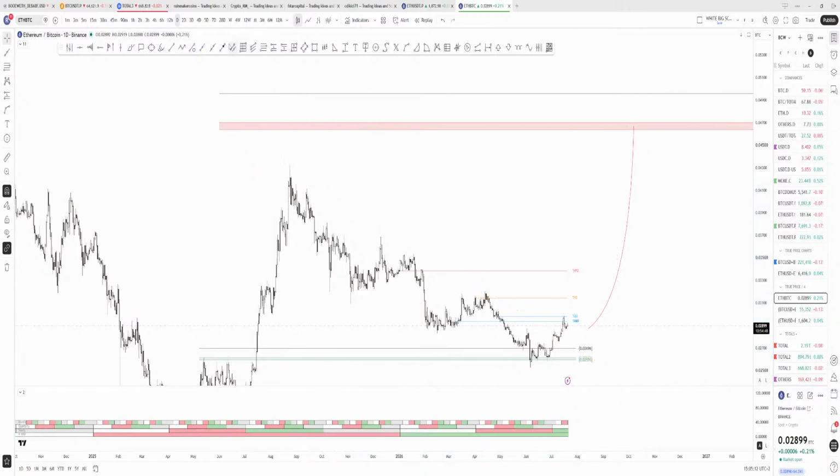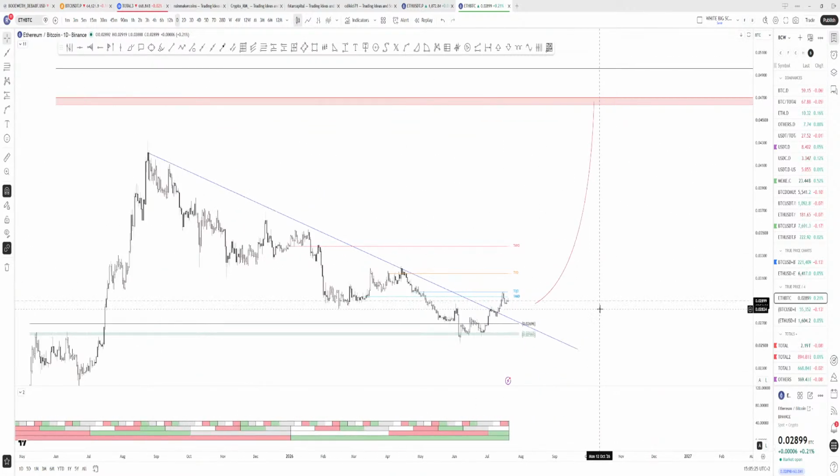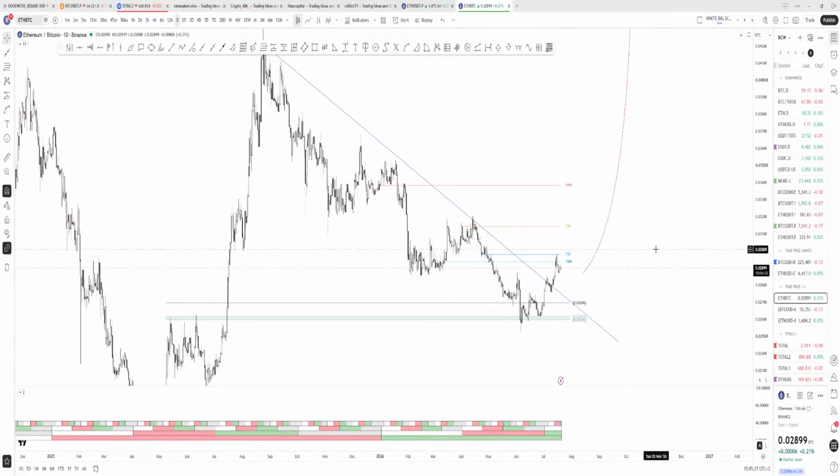Can try to drag some trend lines just to see if there's anything worth watching. Perhaps this. Just to see what the people are looking at, and yeah.